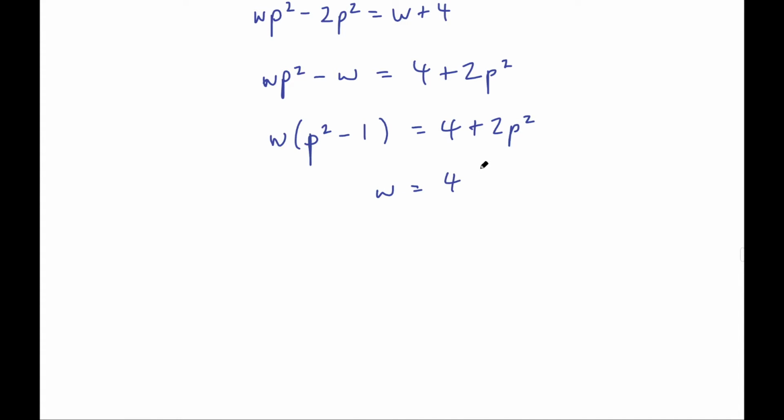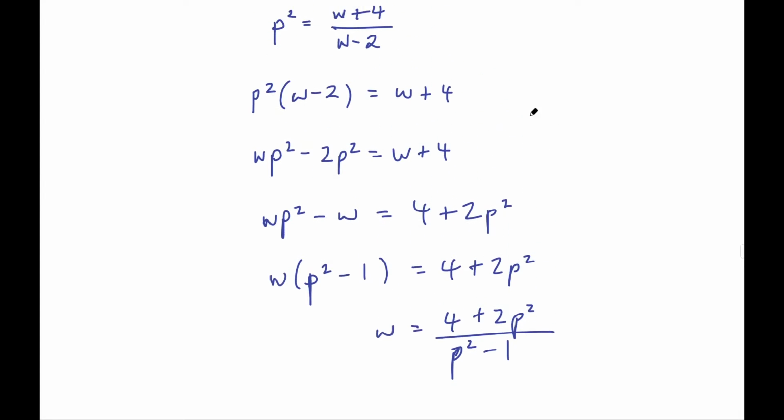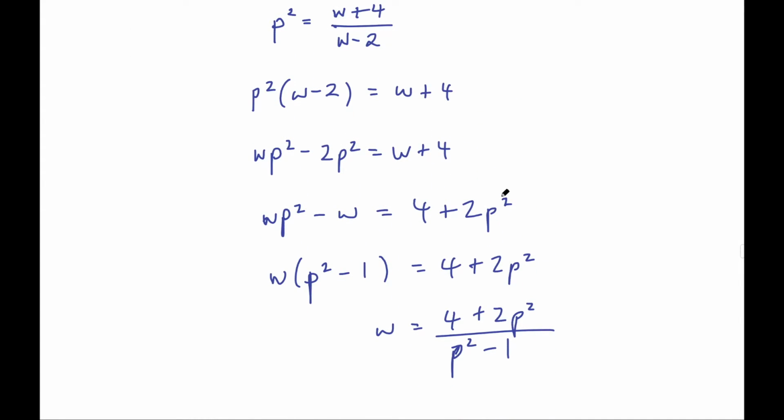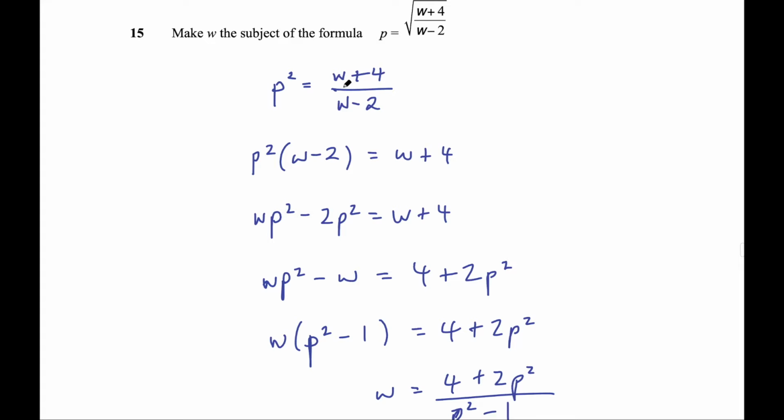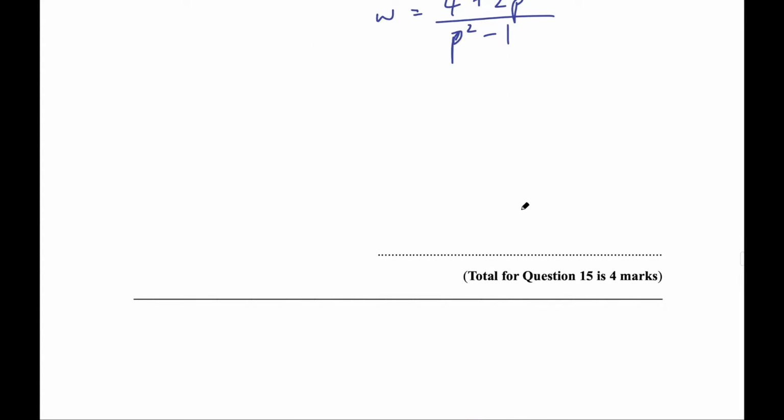Okay, so a number of steps there to eventually get W isolated and make it the subject, but hopefully all of that makes sense, and we end up with W equal to 4 plus 2P squared over P squared take 1. Again, that's about as difficult as those types of questions get, in my opinion, where you have the numerator and denominator containing that subject that you want to make. So final answer there, W equals 4 plus 2P squared over P squared take 1.